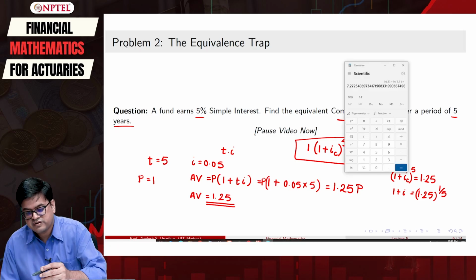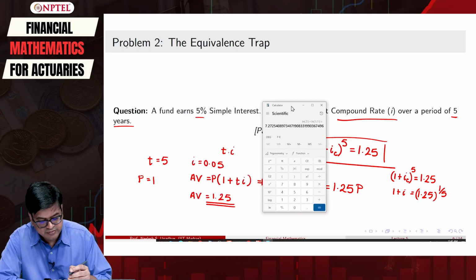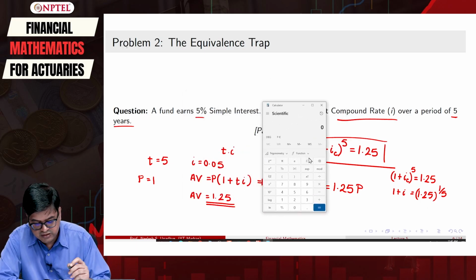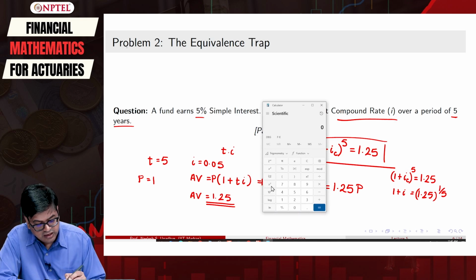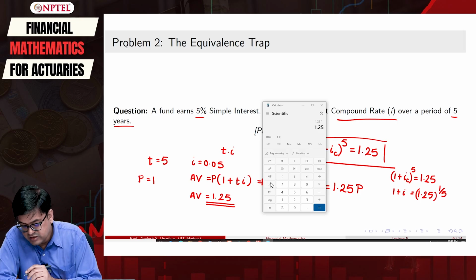So this is my scientific calculator. Let me bring it here. Let us clear the function. So what I need is 1.25. I will use the x raised to y functionality. 1 by 5 is actually 10 by 50, it's 0.2.